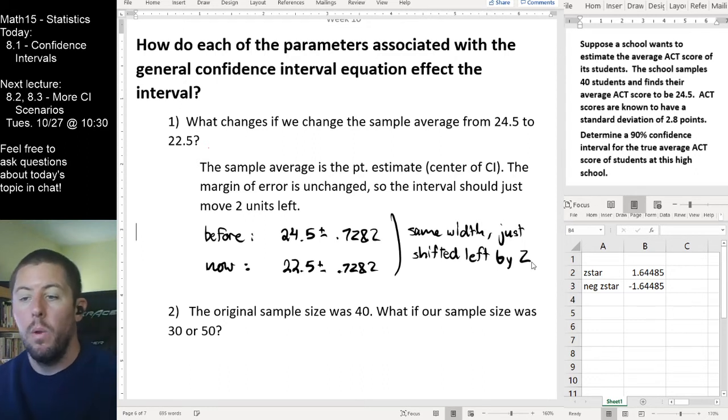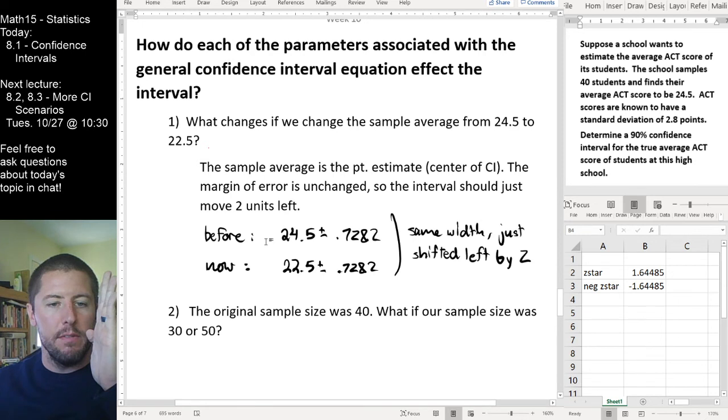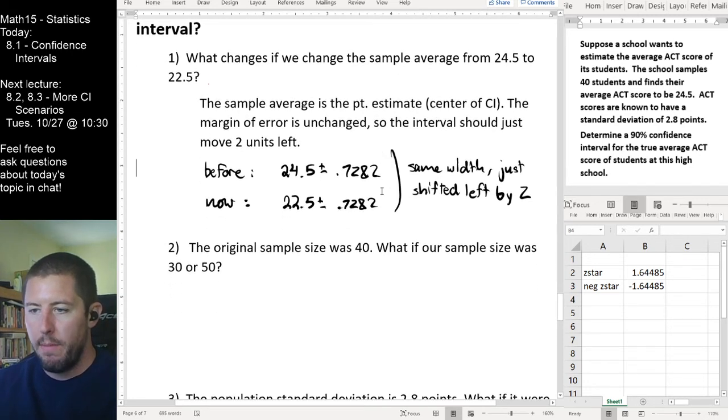These intervals should be the exact same width because we didn't change the margin of error term. We only changed the point estimate term, so we should have just moved our interval to be centered at a new location. This is our least exciting change we can make. Let's see the much more exciting changes we can make.